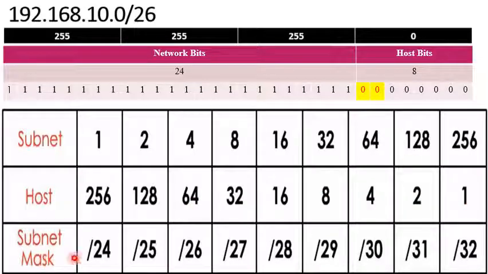And the subnet mask, according to this example, the first 24 bits are allocated for network bits. So the subnet mask starts with /24, /25, /26, /27, /28, /29, /30, /31, /32. Okay, this is the easy way to represent the table.